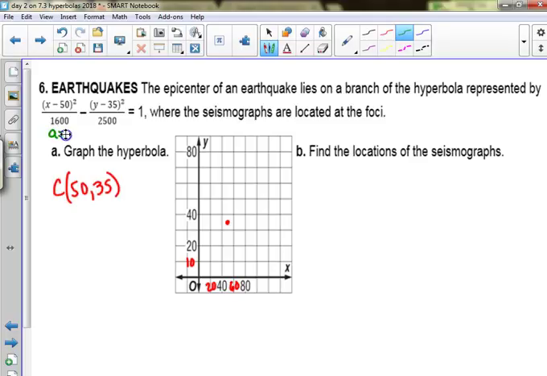A is the square root of 1600, which is 40, right? 40 times 40 would be 1600. And that's going which way? It's under the X, so it's going left and right, 2 boxes, which is 40. Up and down, the square root of 2500 is 50. What is 50? A lot of boxes.